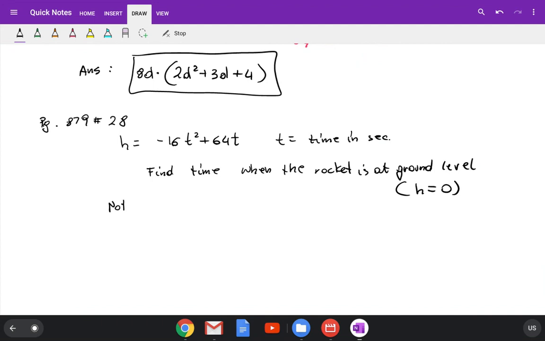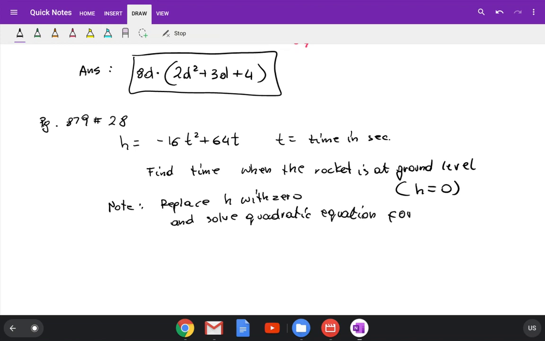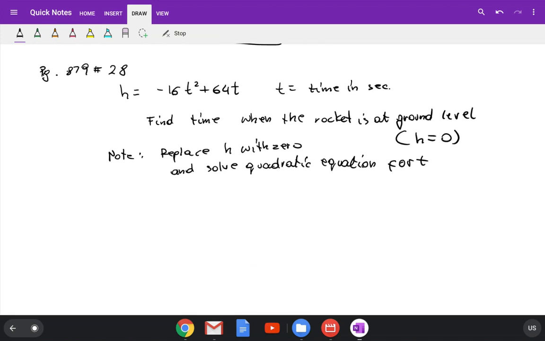So what you need to do with this problem is replace h with 0 and solve the quadratic equation for t. So this is what we're solving: negative 16t squared plus 64t is equal to 0.